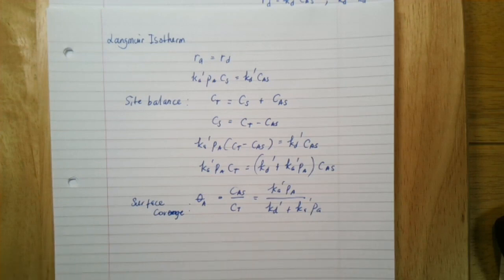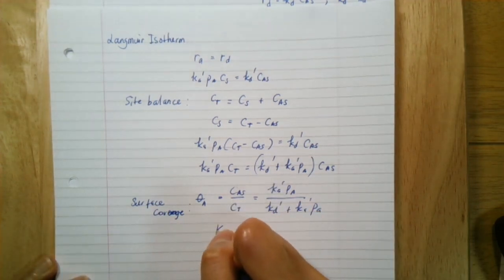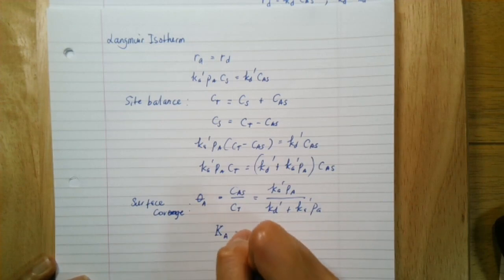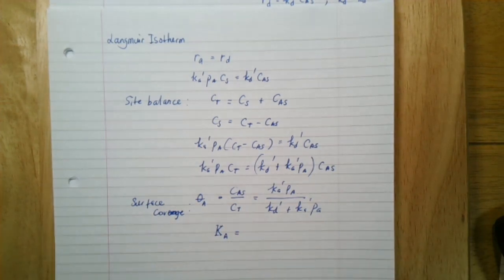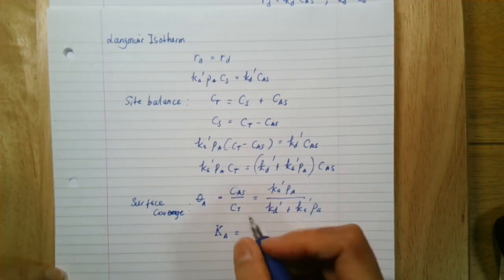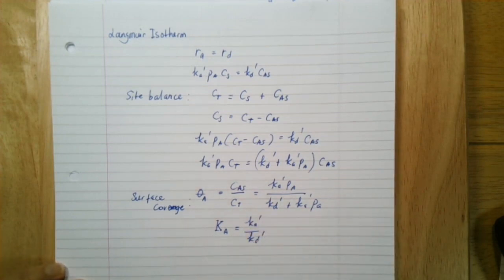The equilibrium constants can be related to the rate constants. Okay, so for adsorption, the equilibrium constant can be denoted as K, capital K, subscript A, and this is equal to, by definition, the ratio of the forward and the backward rate constants. So I can write this as Ka prime over Kd prime.